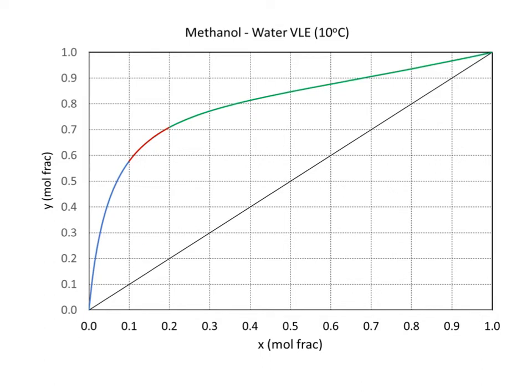So instead, what I did is I broke up this graph into different sections from 0 to 0.1, 0.1 to 0.2, and 0.2 all the way up to 1. And those were well fitted with actually lower polynomial equations.